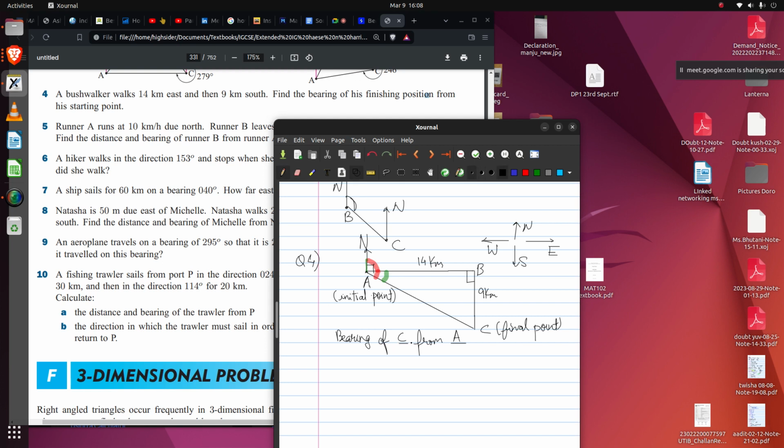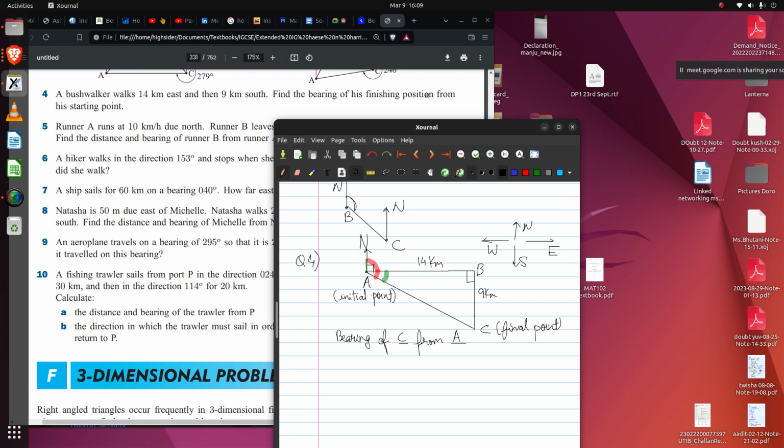So if I know the green one, like I know the two sides of the triangle here. With the two sides, I can easily find the green one. What should I use? Trigonometry, right?